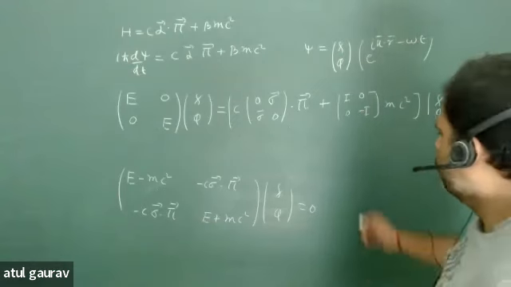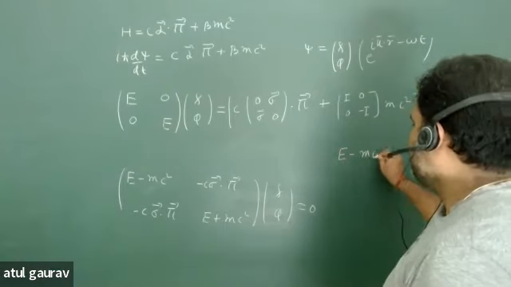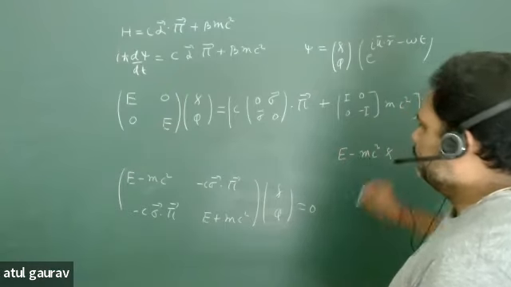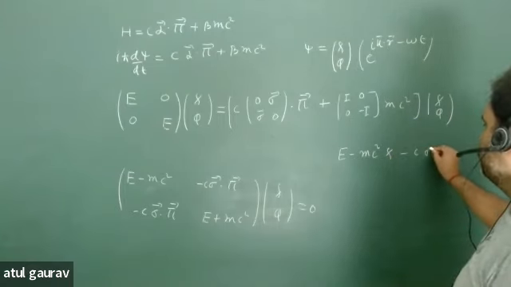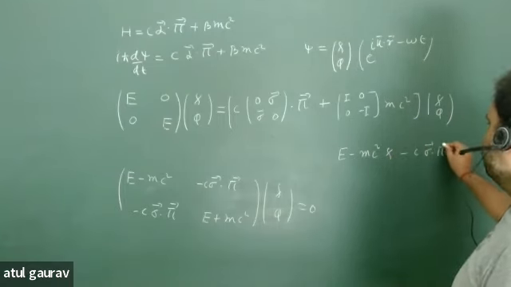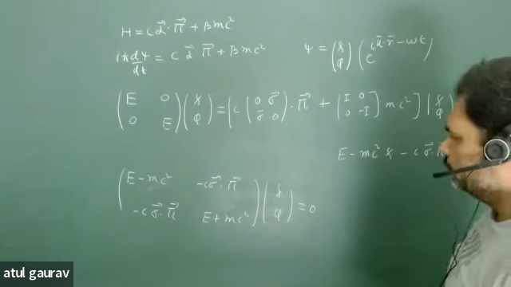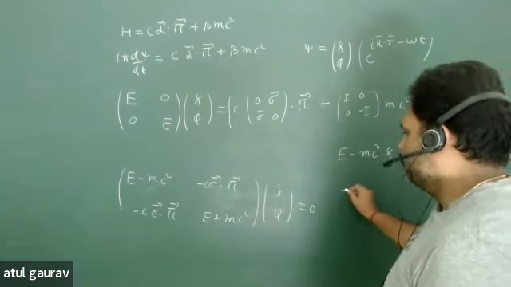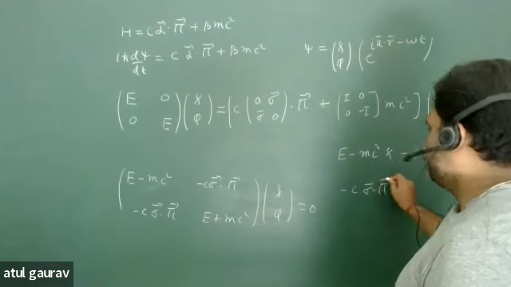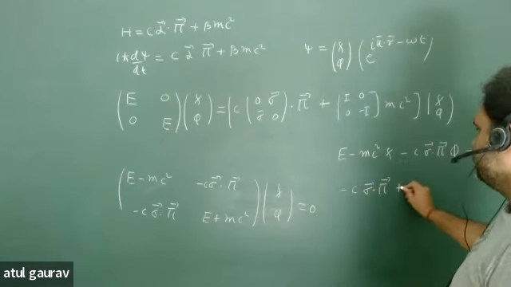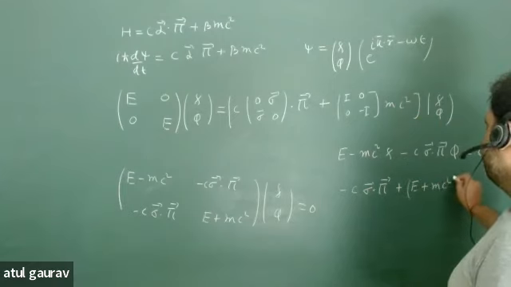So अगर आप इसे solve करोगे, then what is your first equation? E minus mc square chi minus c sigma dot pi phi must be equal to 0. The second equation is minus c sigma dot pi chi plus E plus mc square phi must be equal to 0.